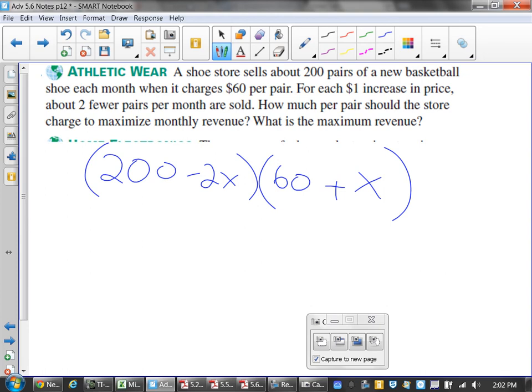Okay, but here's what I want you to think. If I increase it by $5, how many shoes less will I sell? 10. It's 5 times the dollar amount, 5 times the 2 less. It's just the amount being multiplied. Sometimes it's just $1. There are other problems that we have where it might be $5. Okay, so it'd be like a 5x. Yeah.